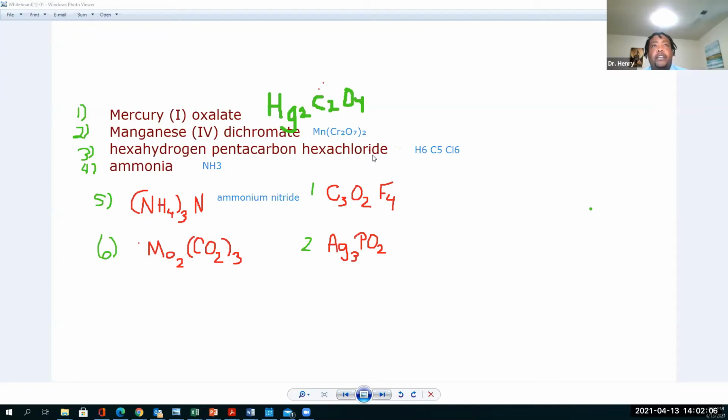And since it's the end of a compound, "ide" is used for both ionic and covalent compounds, because this is a covalent compound. You guys know the difference between covalent and ionic? Yes. Yep. You want to make sure you know that, okay? This here is a covalent compound. Let me use my spotlight so I don't get in trouble for not using it. Covalent compound.